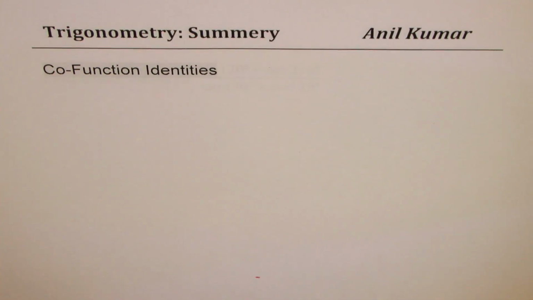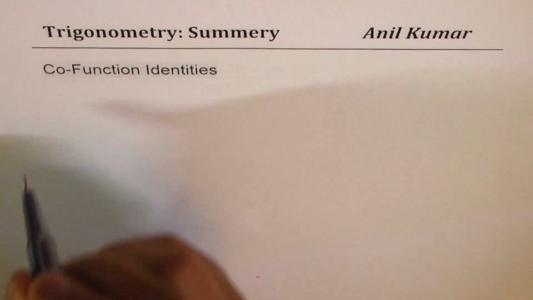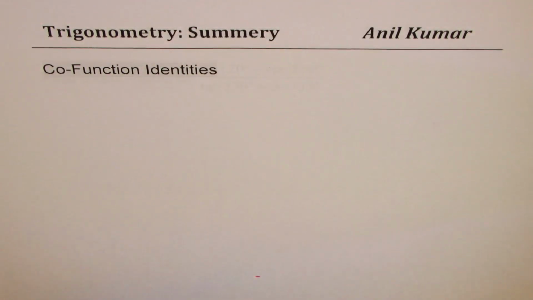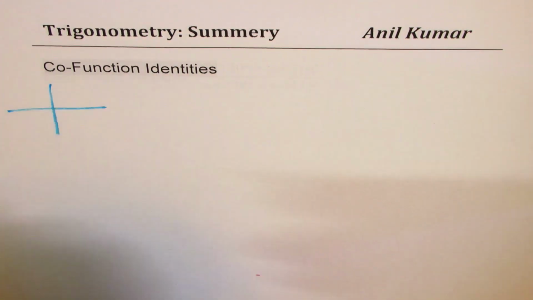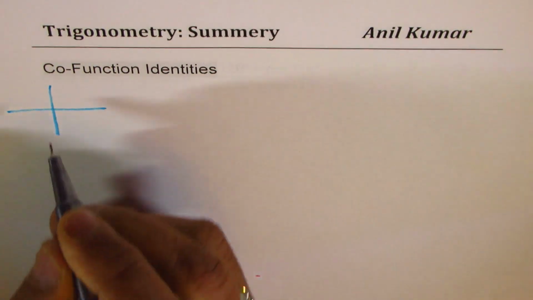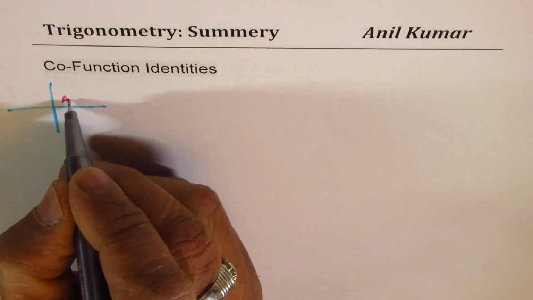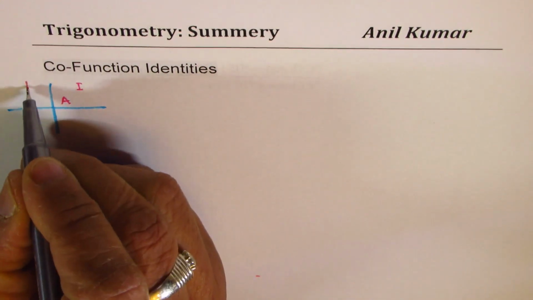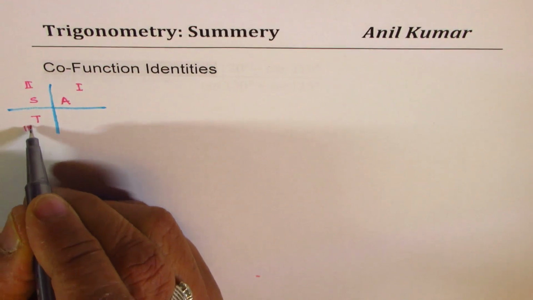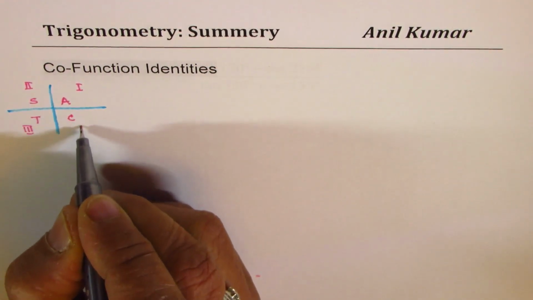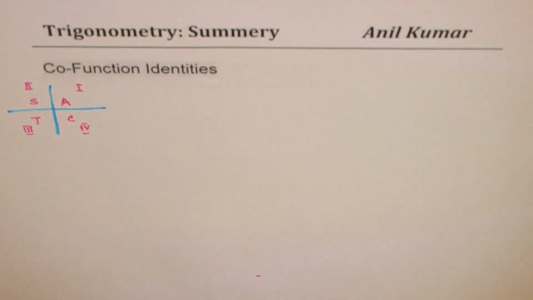Now let us discuss cofunction identities. What we have learned so far is that when we talk about trigonometric ratios for any angle, we say that all are positive in quadrant 1, sine is positive in quadrant 2, tan is positive in quadrant 3, and cosine is positive in quadrant 4, right?